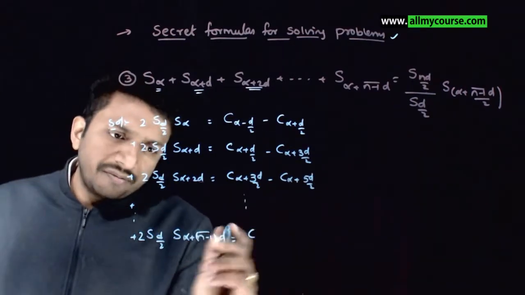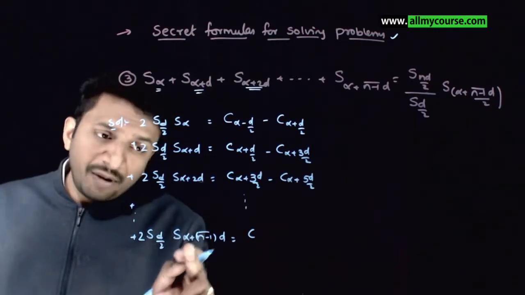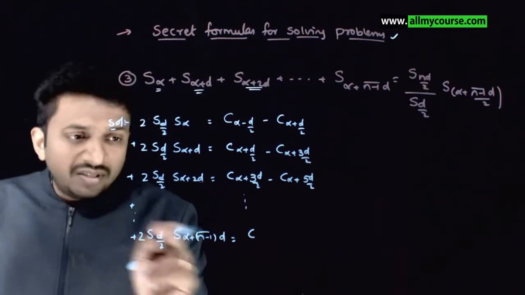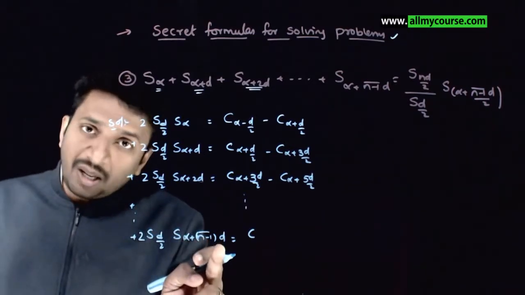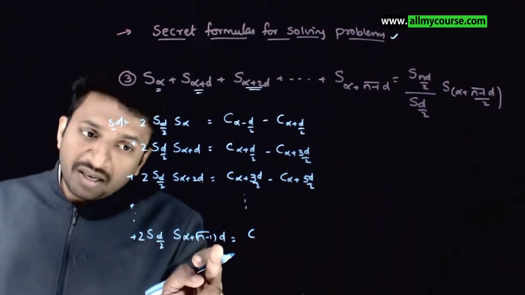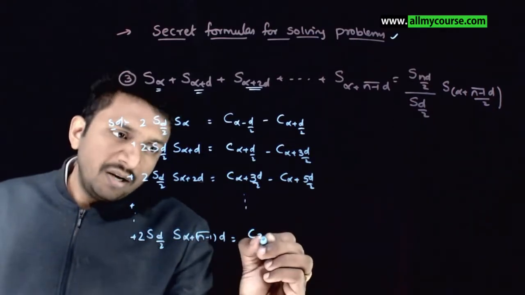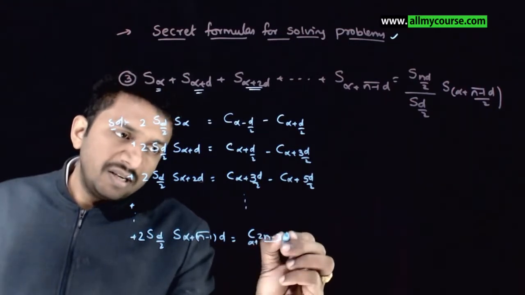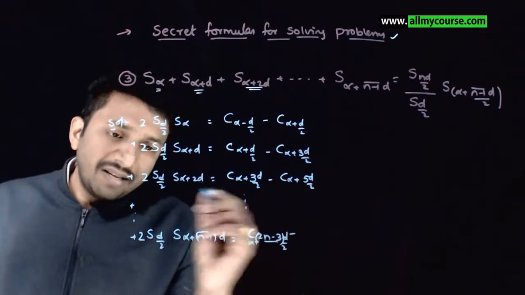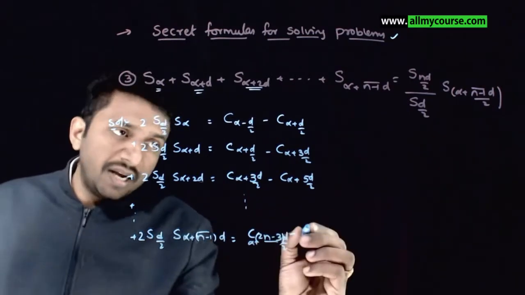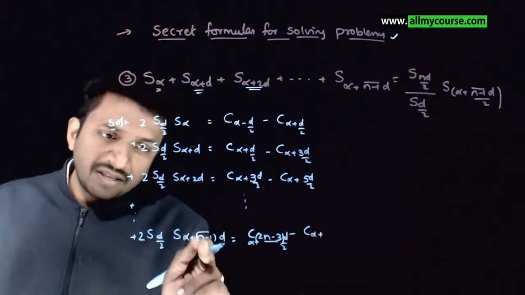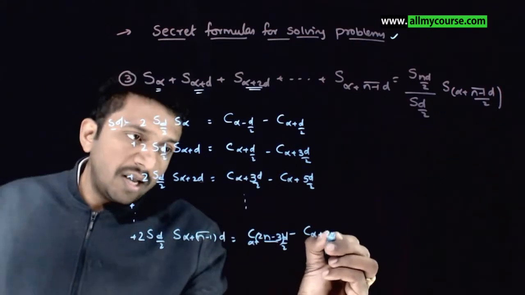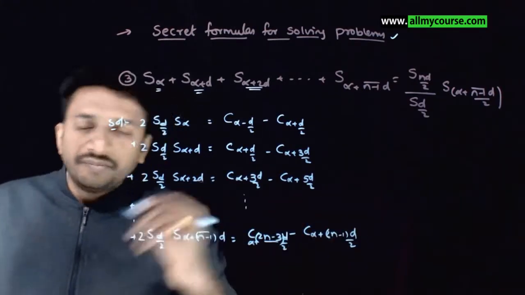And finally you get cos of alpha plus (n minus 1) times d minus d by 2, which is alpha plus (2n minus 3) times d by 2, minus cos of alpha plus (n minus 1) times d plus d by 2, which is alpha plus (2n minus 1) times d by 2.